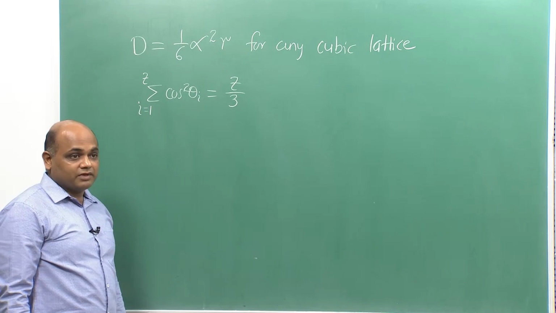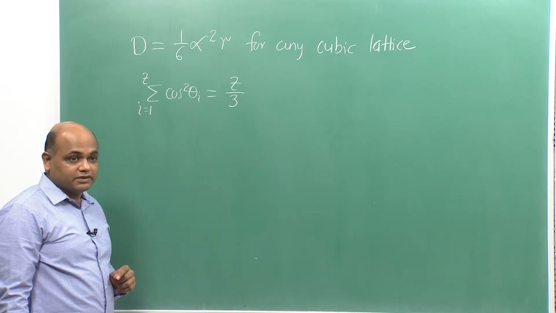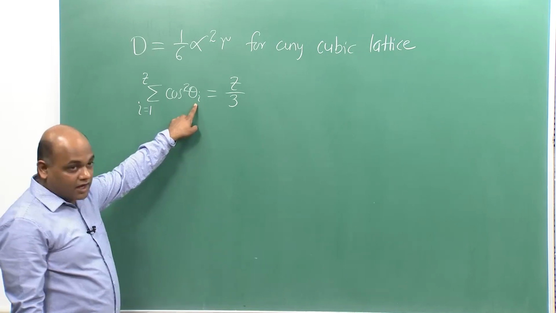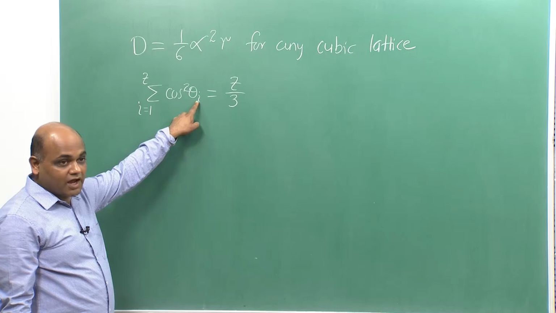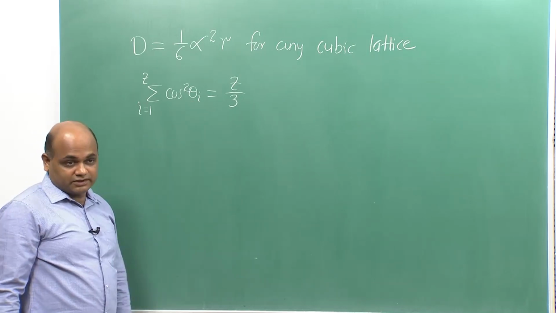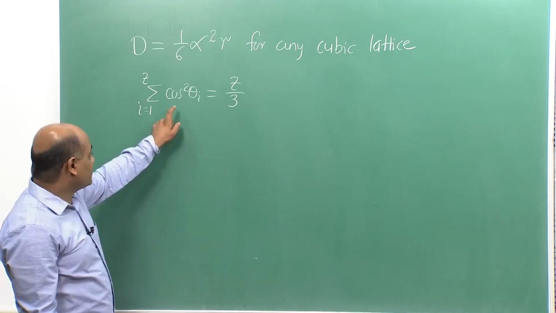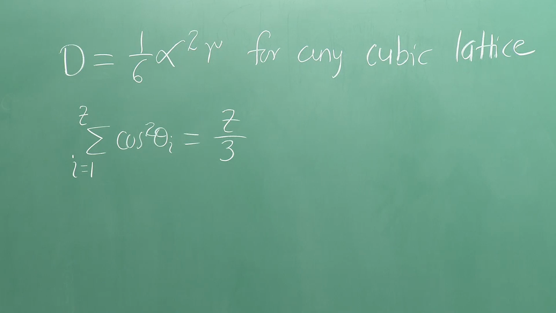Any atom has z possible atomic sites onto which it can jump, and theta I is the angle that a specific jump vector I has with the diffusion direction. So, we will try to show this for all 3 cubic lattices. This was an exercise that I had given you. So, let us try to derive this for all 3 lattices.